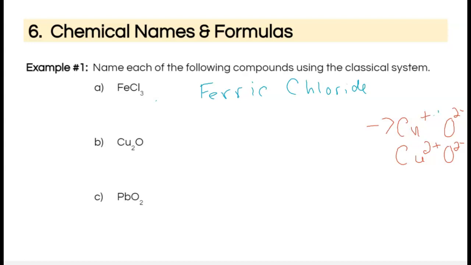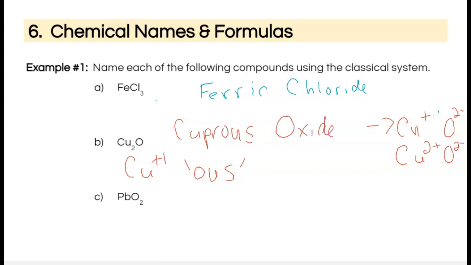So what that's telling me in this formula, I have copper with the lower of its two possible charges. And you'll remember that that means that I'm going to give the Latin name the OUS ending. Okay, and so this compound would be called cuprous oxide. And that's it.